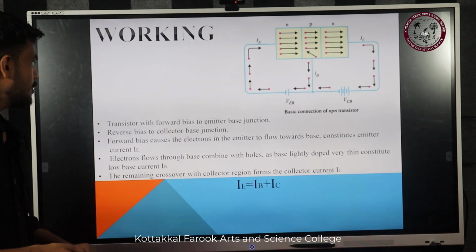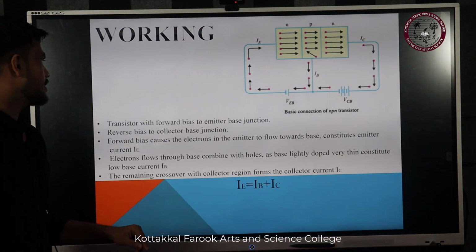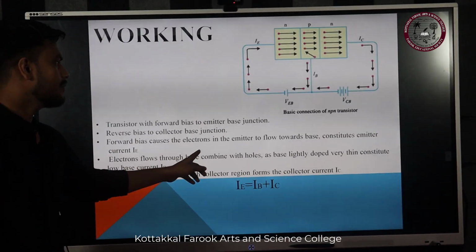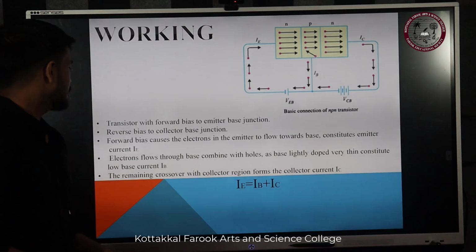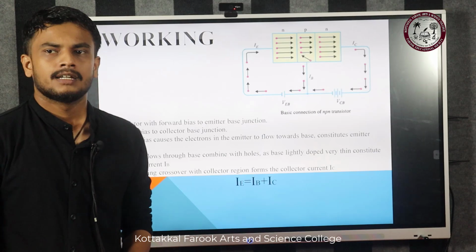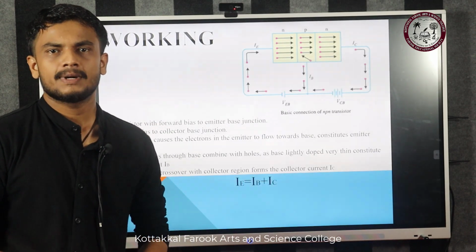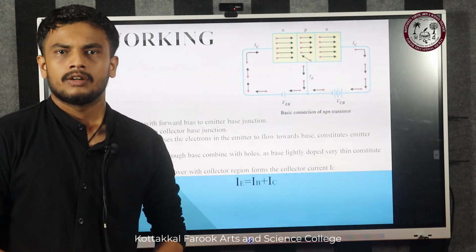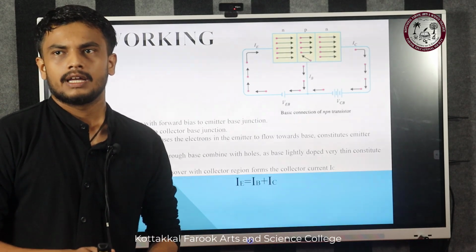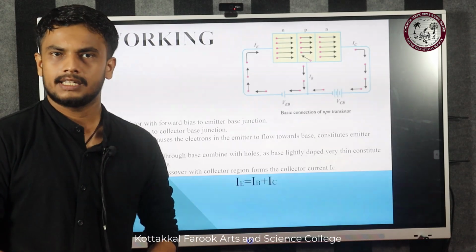The working we already discussed: the forward bias is the emitter base junction and the reverse bias is the collector base junction. Forward bias means that the electrons flow from the emitter to the base and constitute the emitter current IE.